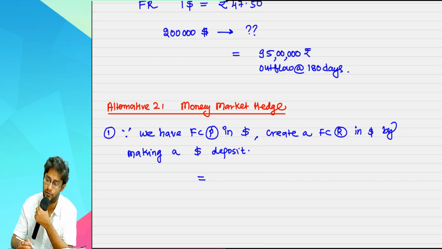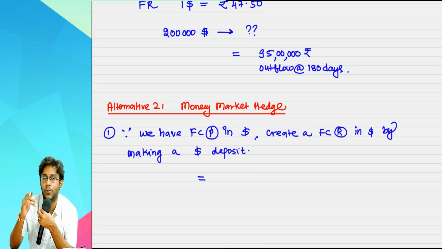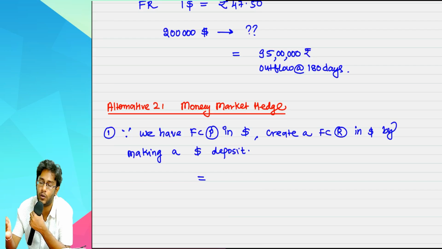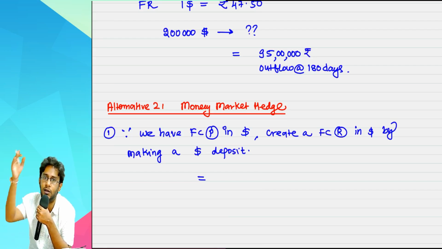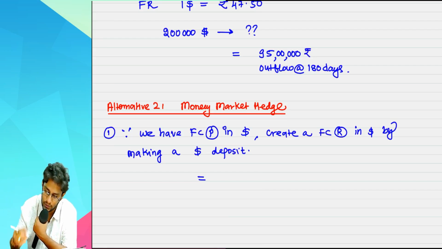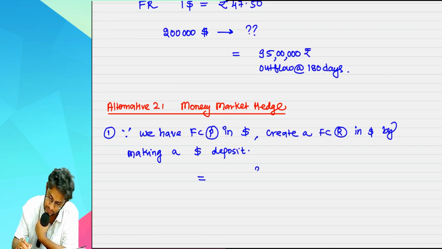How much deposit you have to make: the future value of our deposit should be equal to your FC payable, so that our deposit and that payable will offset each other. So the future value of our deposit is $2 lakh.